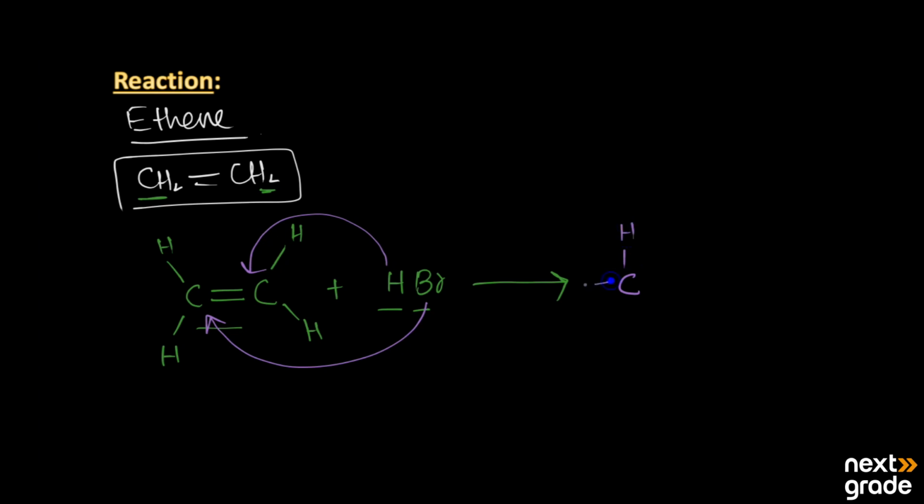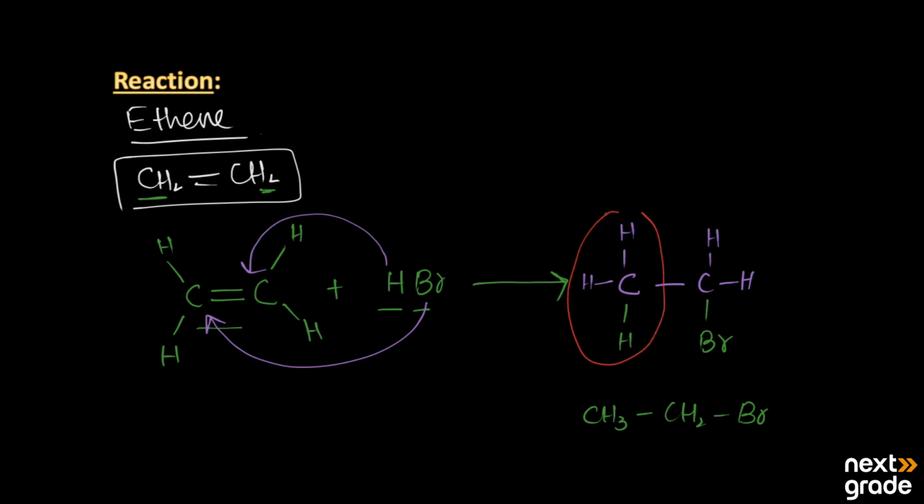The two hydrogen atoms are already on the carbon atoms, and next there is the addition of one hydrogen on this side and the Br on this side. So the product we gain is CH3CH2Br.